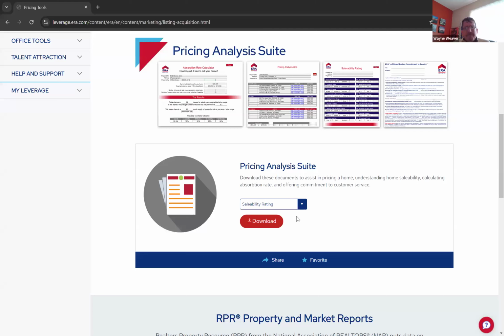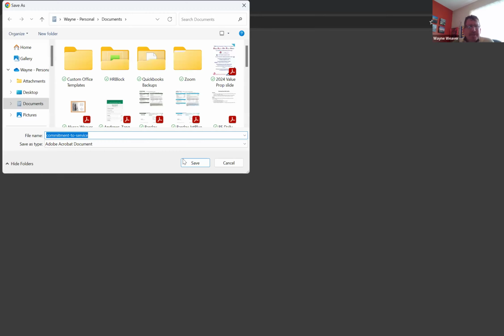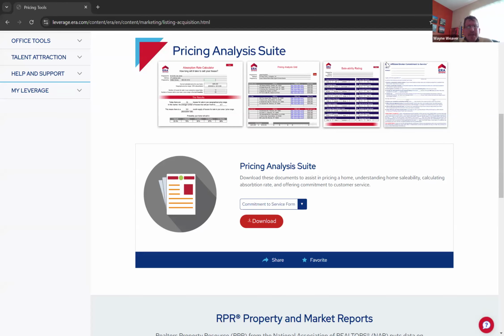All right. So our last one is the broker commitment to service. So again, leverage pricing tools. We're going to download the broker commitment to service. And once this one pulls up, let's see if that actually will allow me to share.